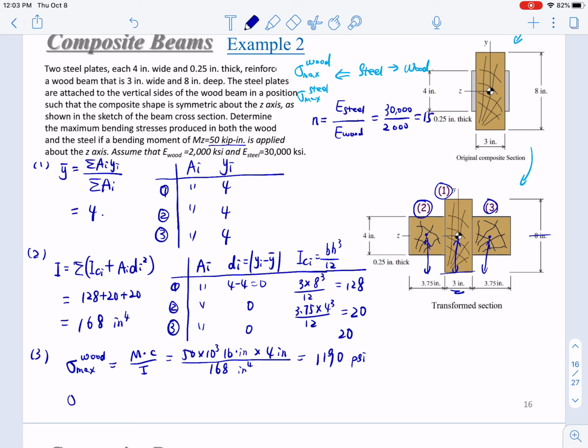And the maximum stress in the steel. Here we need to do a conversion back.